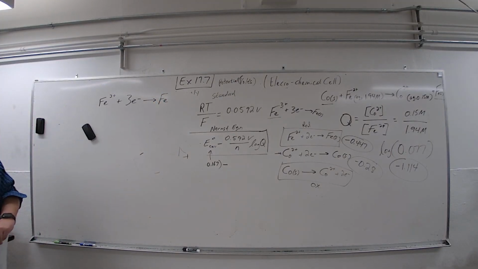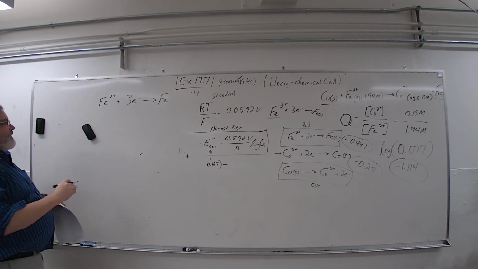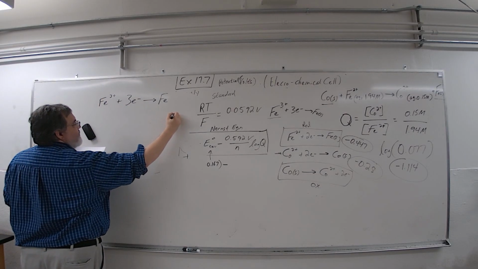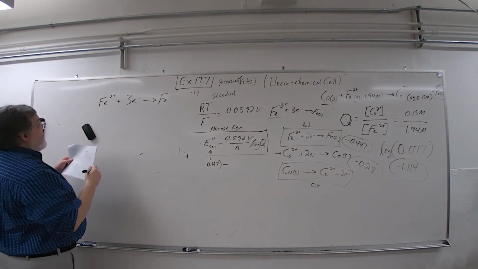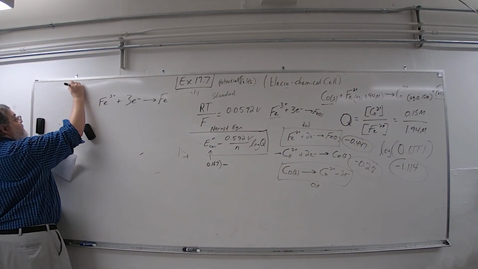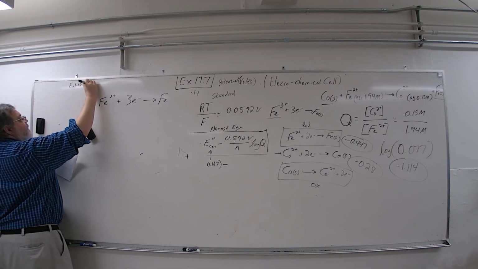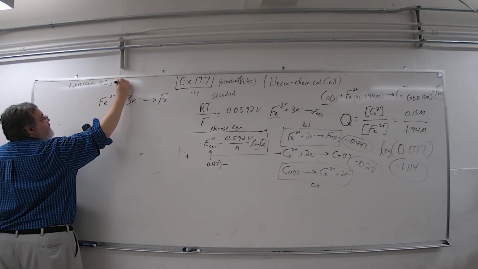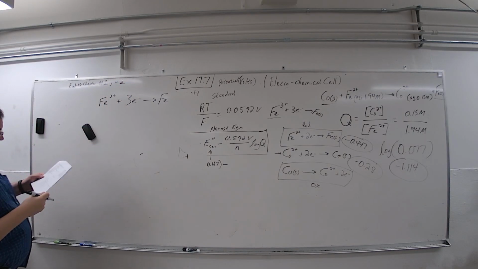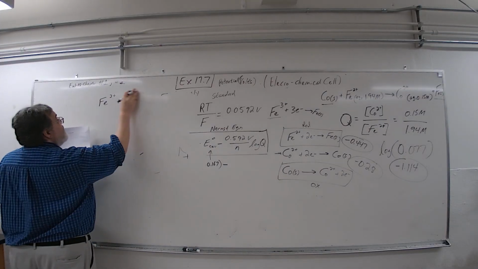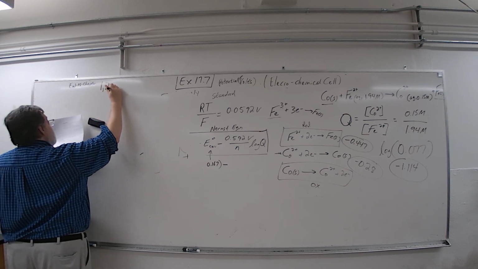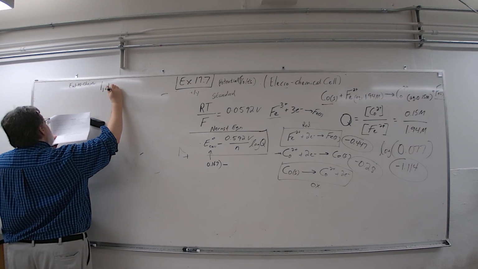Is that oxidation or reduction? Going from +3 down to 0, so that's reduction. Oxidation will have electrons on this side. So let me write this. Number 1, number 2, just has some of those. So look at 1, 2, and then 3.